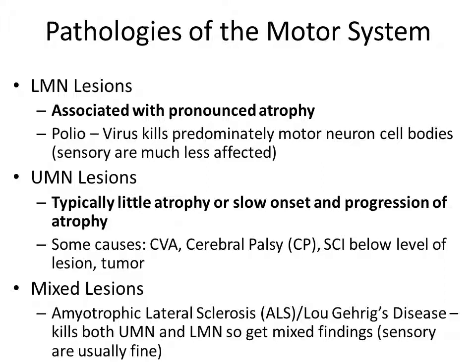Mixed types of lesions that involve both upper and lower motor neurons include things like ALS or Lou Gehrig's disease. This affects both our upper and lower motor neurons, so you see kind of a mixture in your findings. Sensory, again, for whatever reason, tends to be relatively spared.